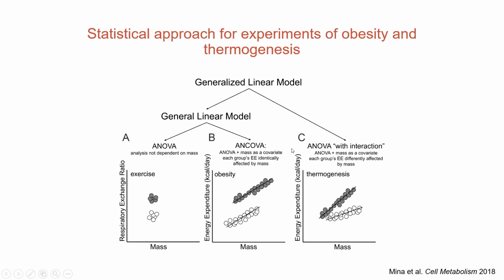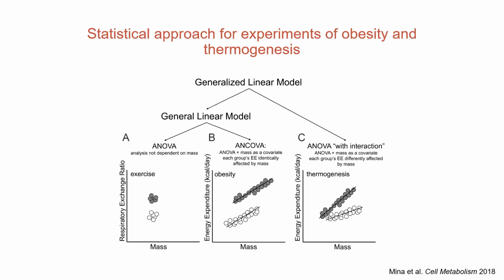The ANCOVA simply cannot handle interaction effects, and so we do something called a generalized linear model. The investigators using CalR don't have to know about this, they don't have to care about this. CalR will take the data in and automatically determine whether or not an interaction effect exists and whether we can run ANCOVA or a GLM, and just go on with your day and get your results without any user input at all.